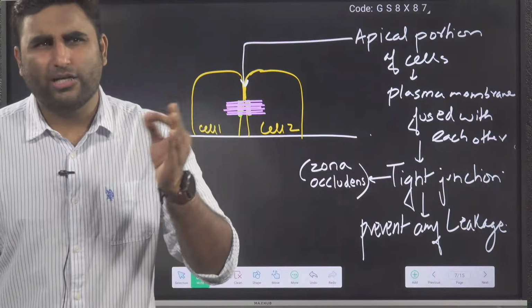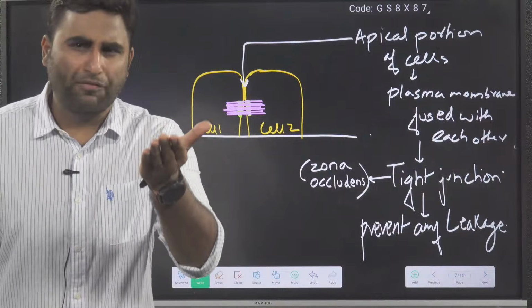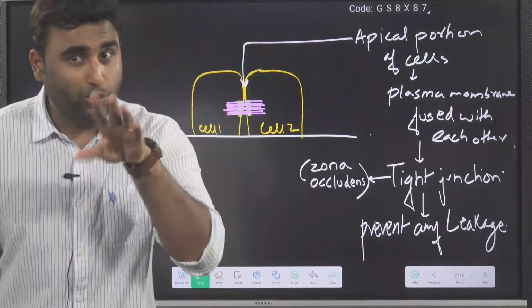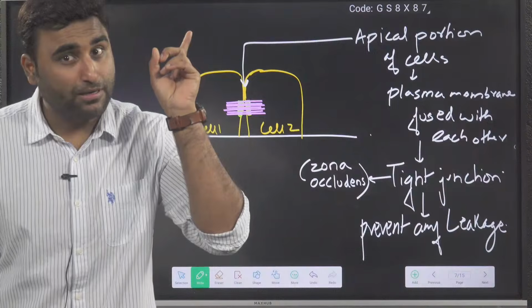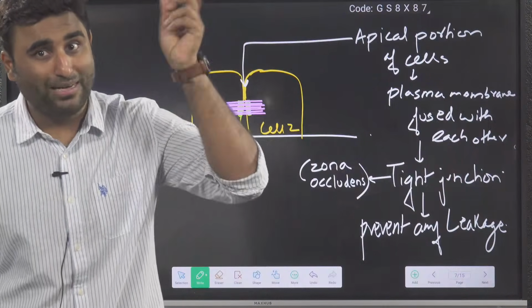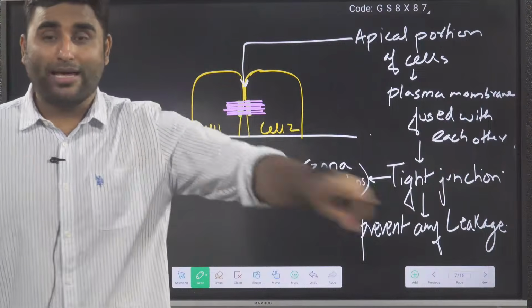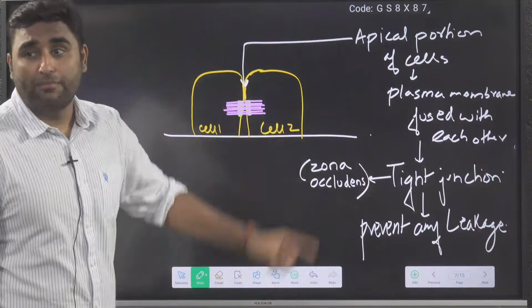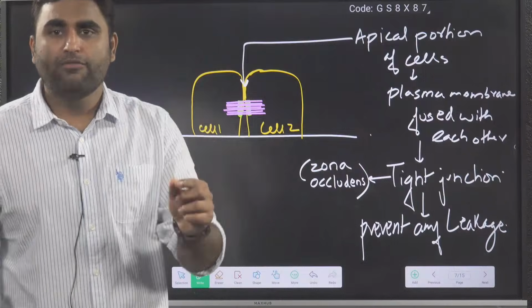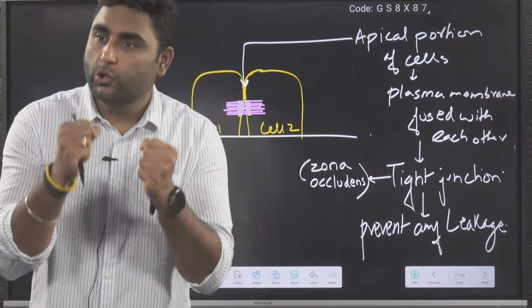They are like a cytoskeletal element, a microfilament. You might remember microfilaments, microtubules from the cell chapter, the cytoskeleton. So there is a microfilament-like structure made up of keratin-like protein, which is holding the two cells together.